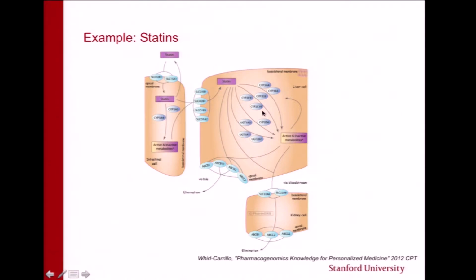The beige shapes are different cell types. So you'll see that statin is taken as an oral dose. It's moved into the intestinal epithelial cells by transporters, and it enters the bloodstream. And then the key thing we want to talk about here is the uptake from the bloodstream into the hepatocytes, where the statin undergoes metabolism and then is excreted.